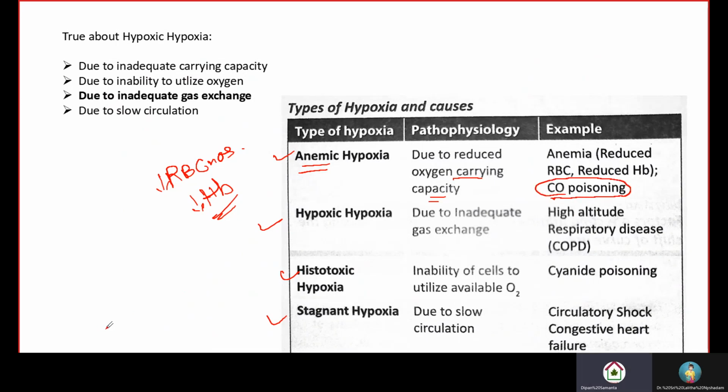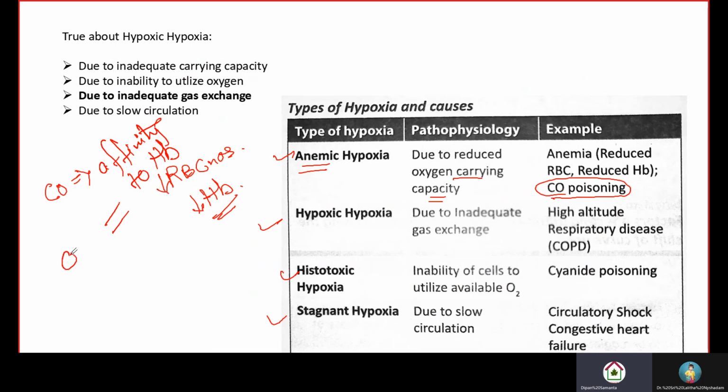What happened is that carbon monoxide has more affinity to bind with hemoglobin, more affinity than oxygen.